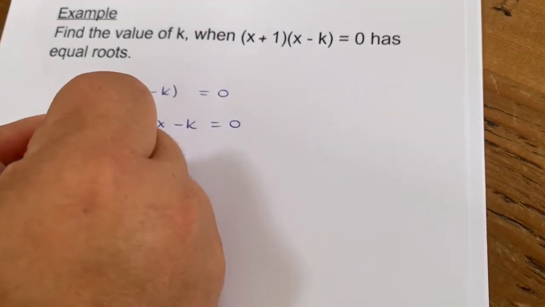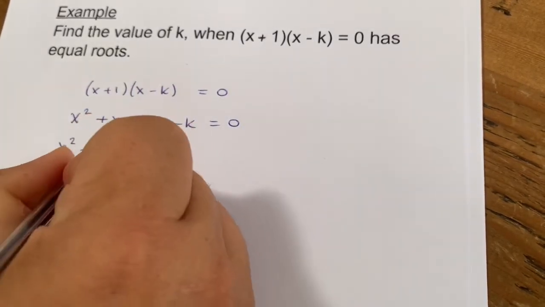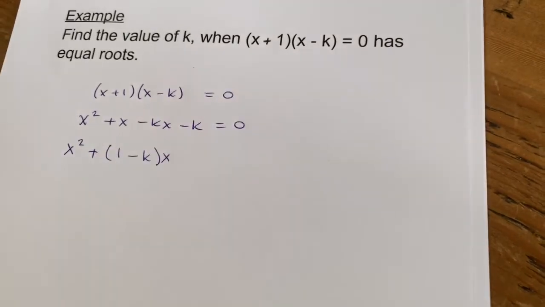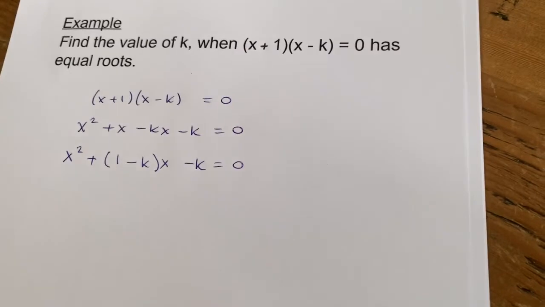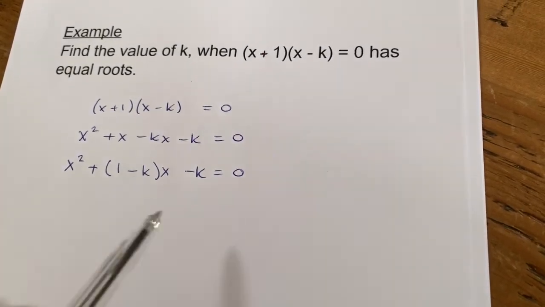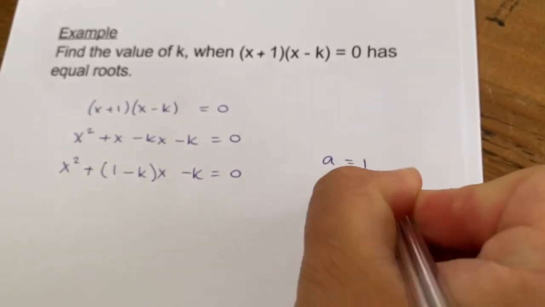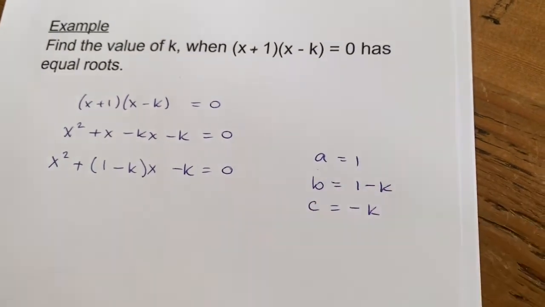So I have x squared plus, I've got 1 here, and minus k here. So I can write it like that, minus the k equals 0, and that therefore allows me to put the b terms together. So here, a equals 1, b equals 1 minus k, and c equals minus k.